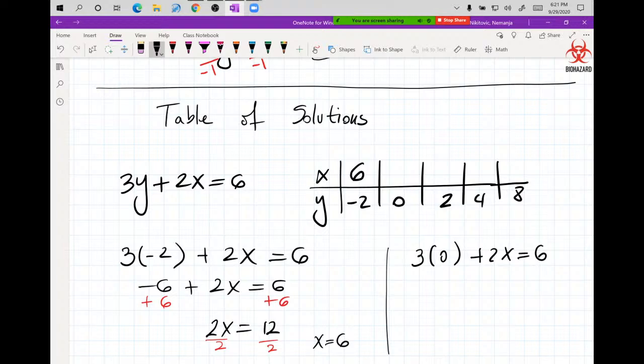Does anyone have a second number? 3. 3, yes. Okay, good. 3 is the second number.